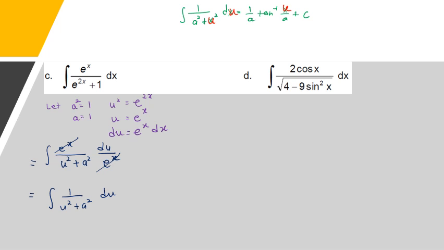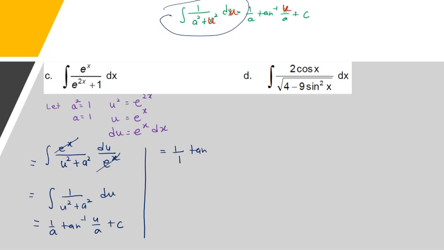Okay, so sama tak dengan yang ni? Sama. So, the answer is 1 over A tangent inverse U over A plus C. Okay, substitute back the value of A and U. So, it's equal to 1 over 1. A kita 1 kan? So, tangent inverse exponent X over 1 plus C.